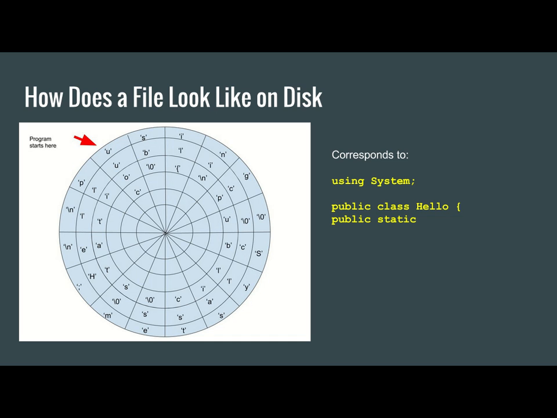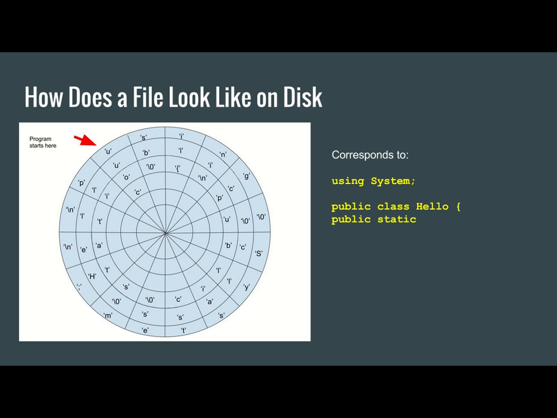We start with the letter U, and then S, I, N, G, and then an empty space character, and then a capitalized S for System, then a semicolon, a new line character, and then the P character, and then it goes to the inner side of this circle: U, B, L, I, C, and an empty space character. So this is what a file looks like on a disk.